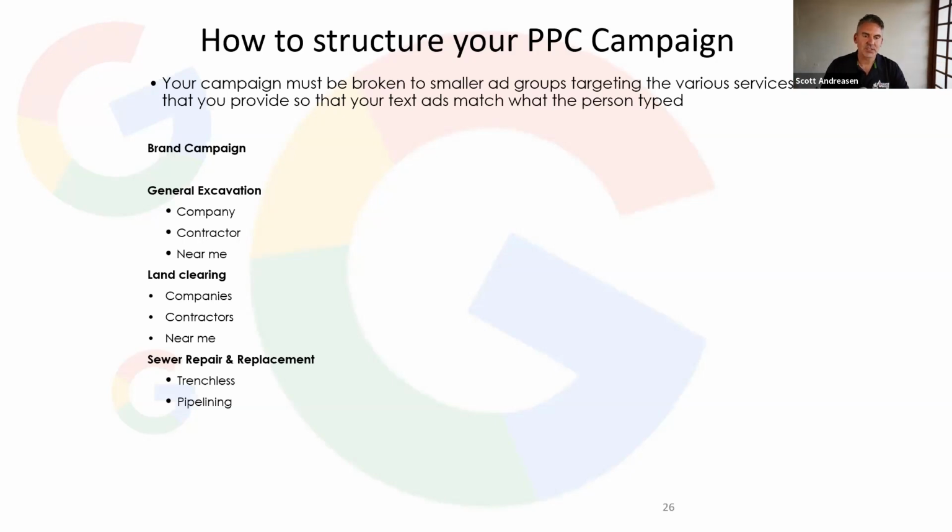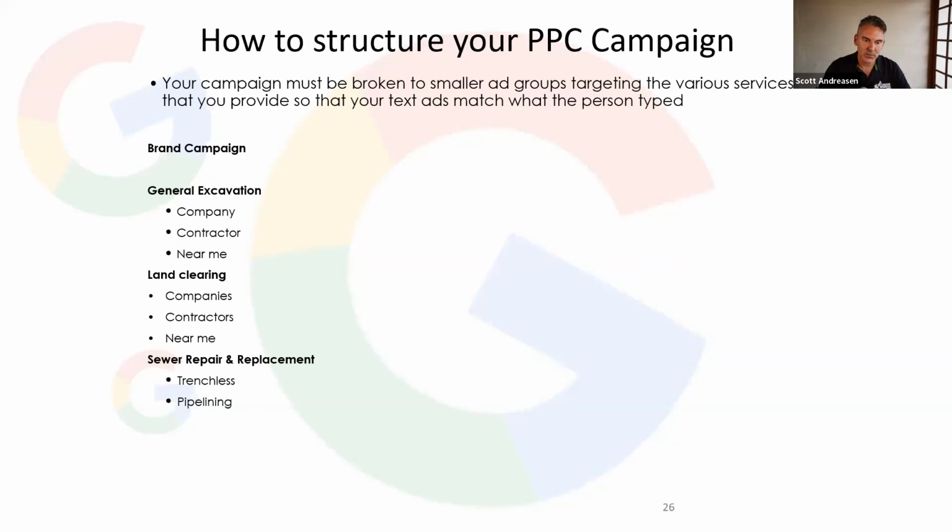General excavation. So that would be, for instance, excavation companies, excavation contractors, excavation companies near me, excavation contractors near me. Everything I just told you there were specific keyword phrases that you need to actually optimize an ad for each one of those. That's how it's done.